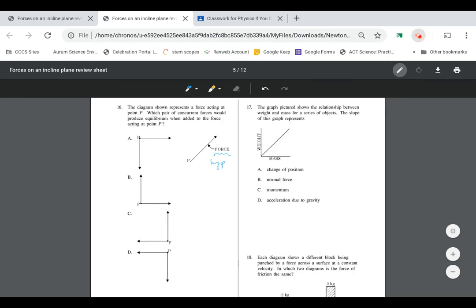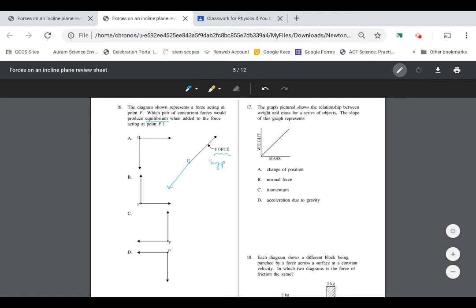Okay, here it says we need to find which force A, B, C, D or their resultant force will produce equilibrium. Remember we learned equilibrium last semester: if this force is applied from P, the equilibrium force should be the same magnitude but opposite direction, right?